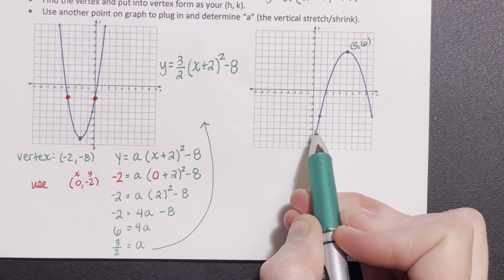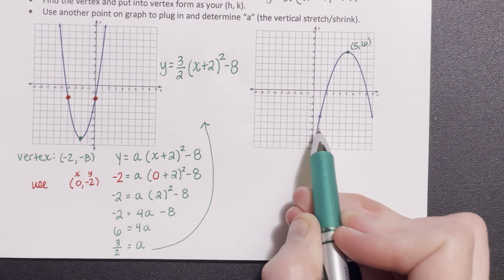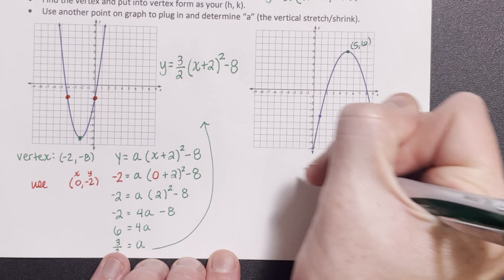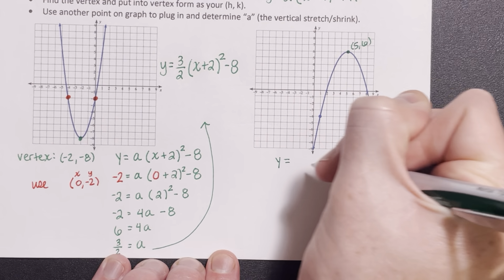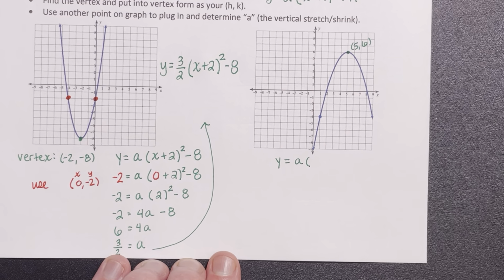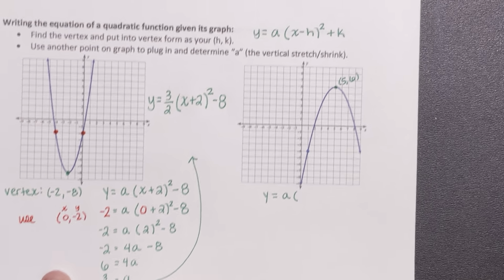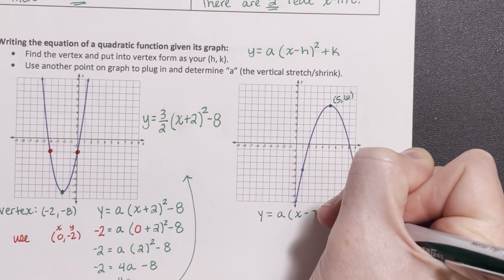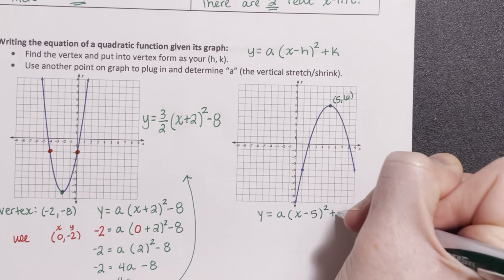And they gave you a point that's already kind of listed on the graph. So we're going to use that vertex first. That's our h, k of vertex form. So y equals a times (x minus 5) squared plus 6.